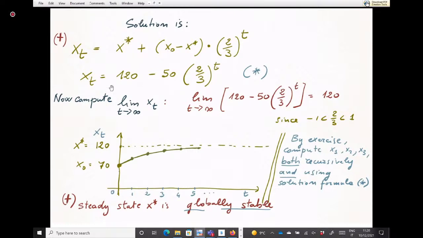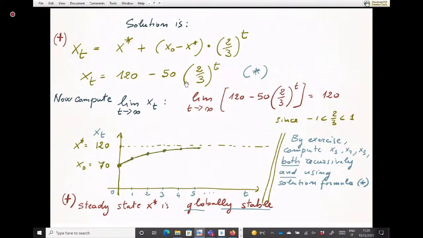Sometimes a question in the exercise is not just asking whether the steady state is stable or not, but for instance, asking to compute the limit of the solution as t tends to infinity. This means asking whether the steady state is globally stable or not. It is a very easy limit here, a limit of a sequence.